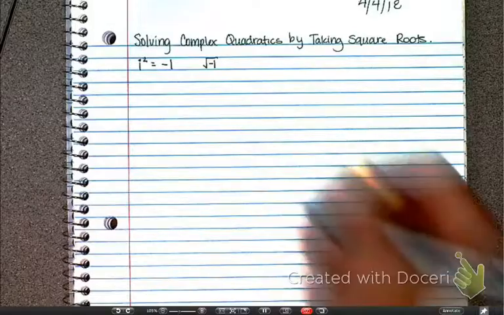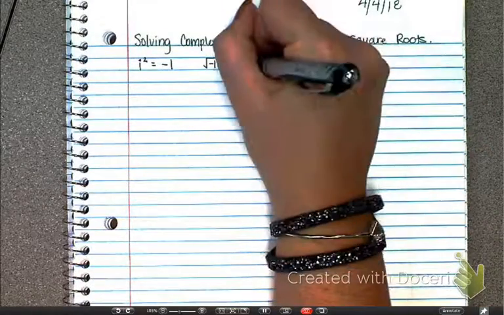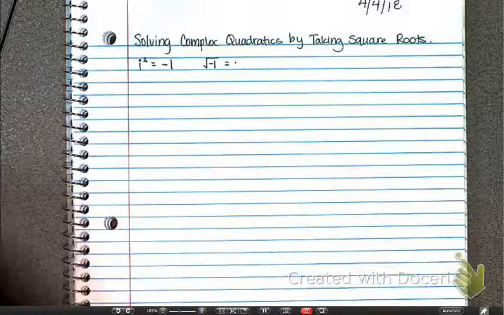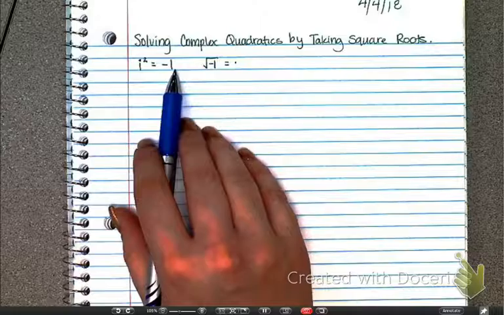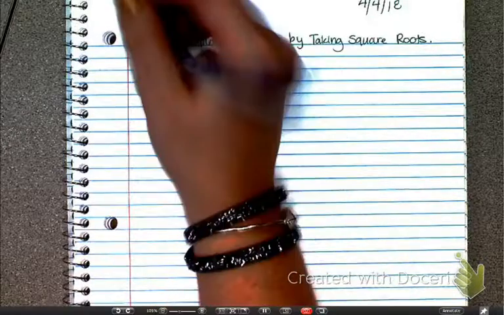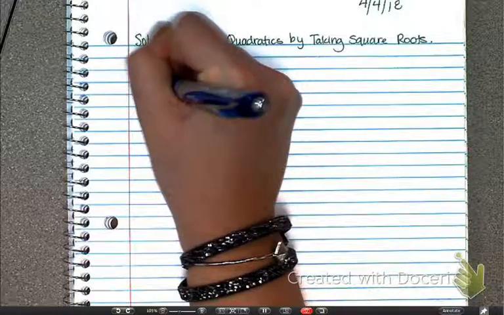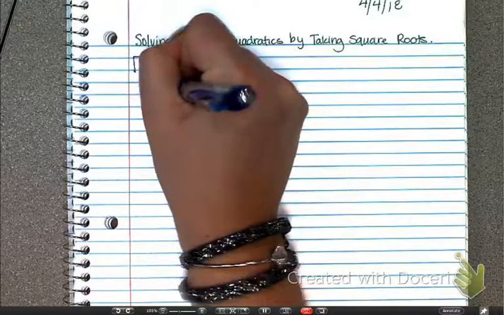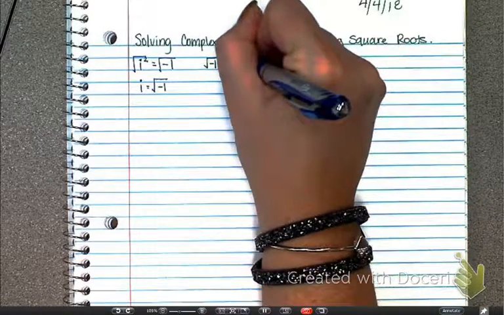The square root of i squared, which equals i. Okay, so if I solve this, how do I solve for i? Take the square root. So i equals the square root of -1, which means the square root of -1 is i.